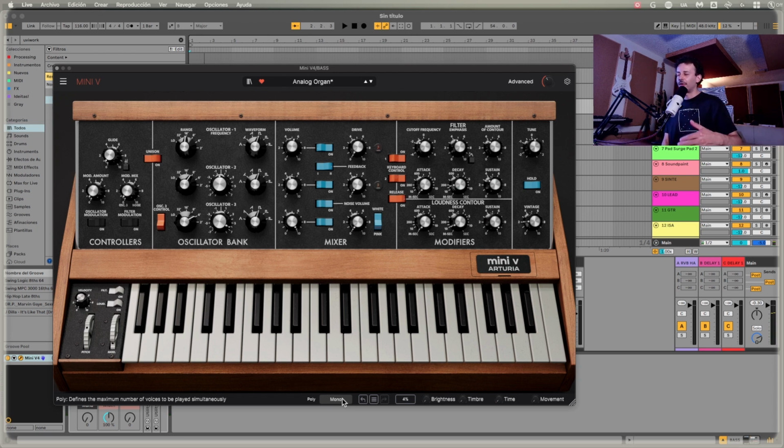And that gave birth to the whole bass sound in house music and a lot of electronic genres that actually use organ patches as bass sounds.